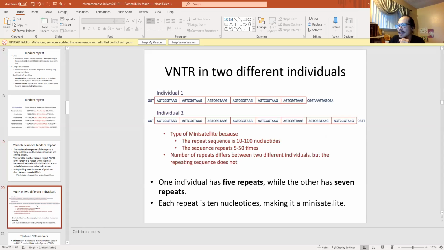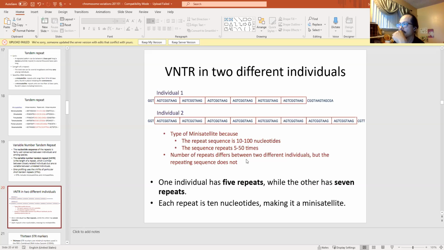So for example, the VNTR in two individuals, like this is individual one, you can identify the beginning, that's the same. The ending, that's the same. But the repeats, the number of the repeats are different between individuals.